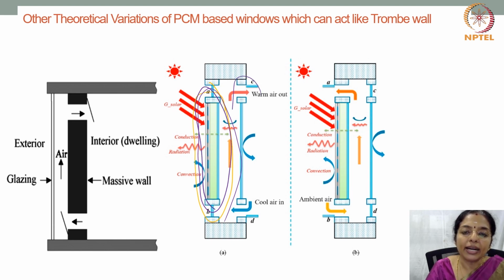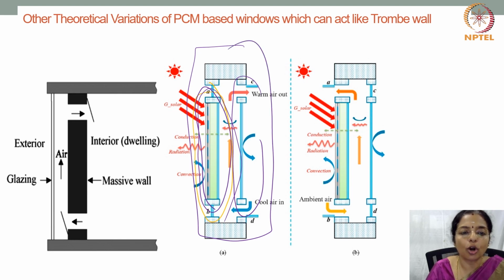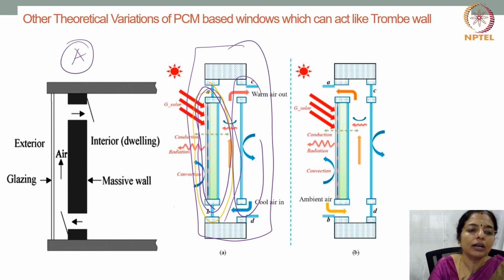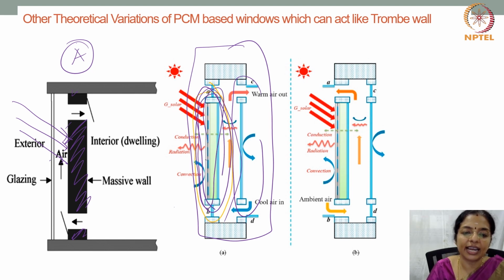But as a whole, this unit can function like a trombe wall. So this A is a picture of a regular trombe wall, where you have a massive wall which will aid in absorbing the heat radiated through the glass. And here you are using a phase change material encapsulated window integrated with the trombe wall.